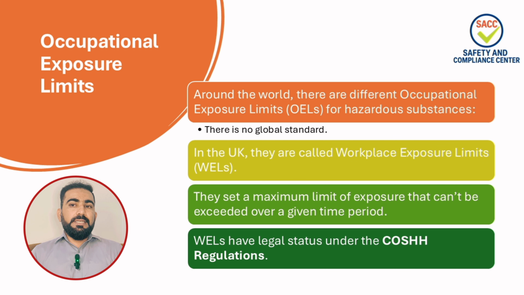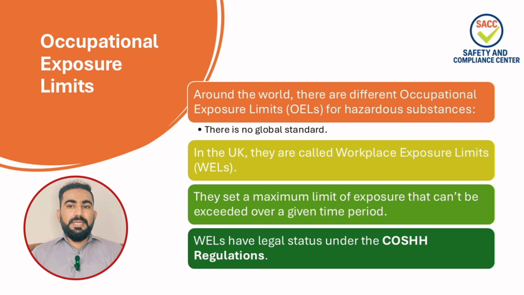There is no single global standard. Different countries set their own exposure limits based on their national guidelines, scientific research, and workplace practices. For example, in the UK, they are called the workplace exposure limits. These are legally binding under the regulation that controls substances hazardous to health.